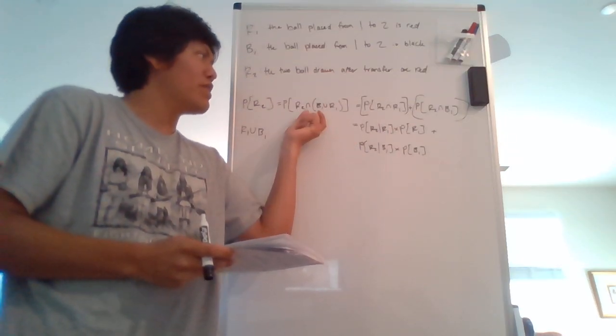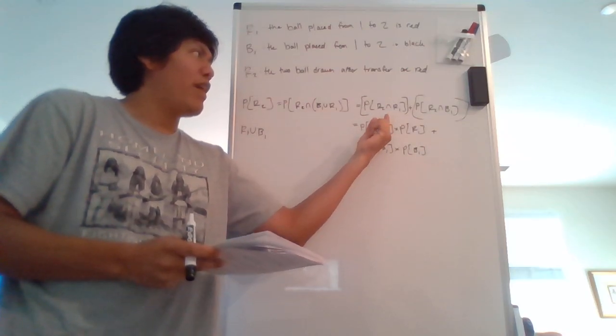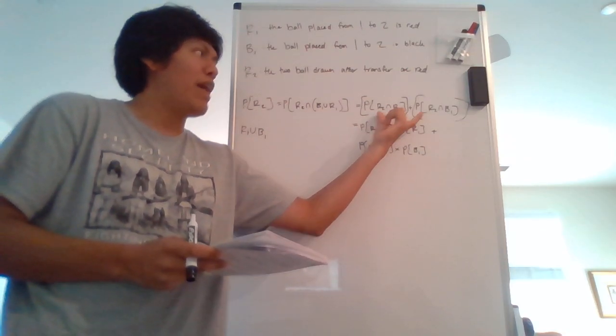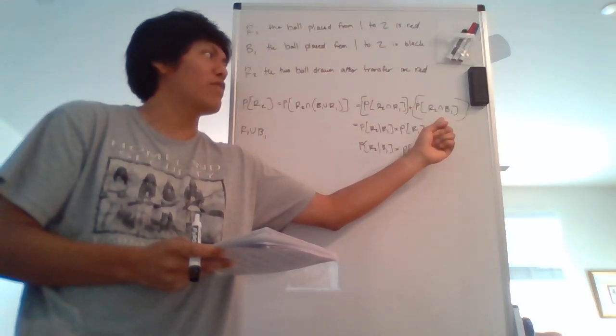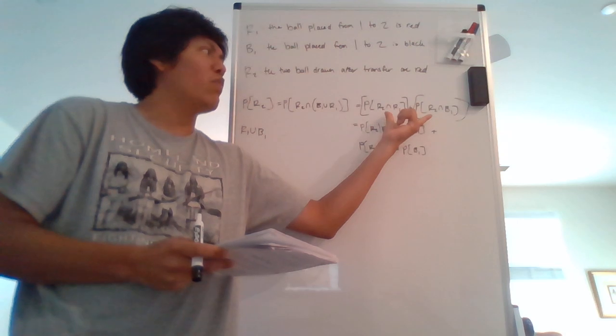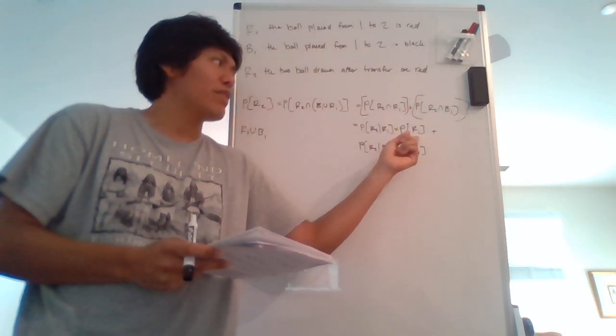And then we just separated this up a little more to have 2 probabilities added with each other, the intersection of R2 and R1 plus the intersection of R2 and B1, and then we rewrote these intersections in the forms of conditional probabilities.